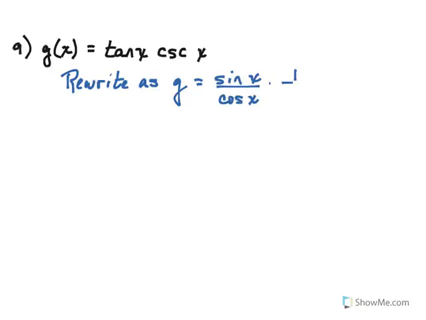And cosecant is 1 over sine. Notice how the sines cancel out? And all we have is 1 over cosine, which is simply secant. So what we're really just doing the derivative of is secant of x, and that's it.